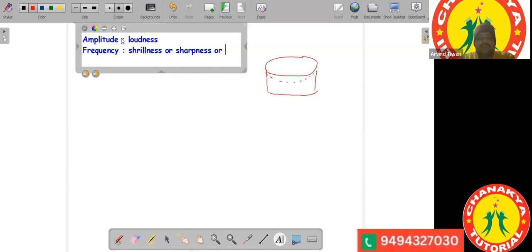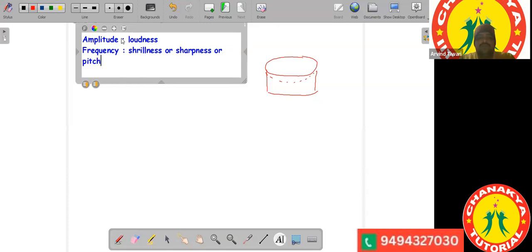Or you can also say pitch of the sound. It is determined by the frequency.